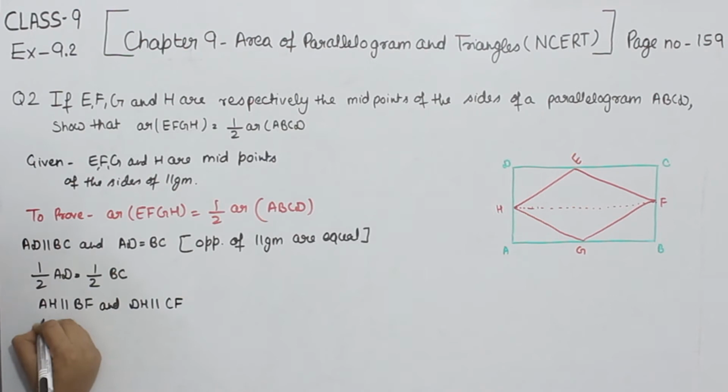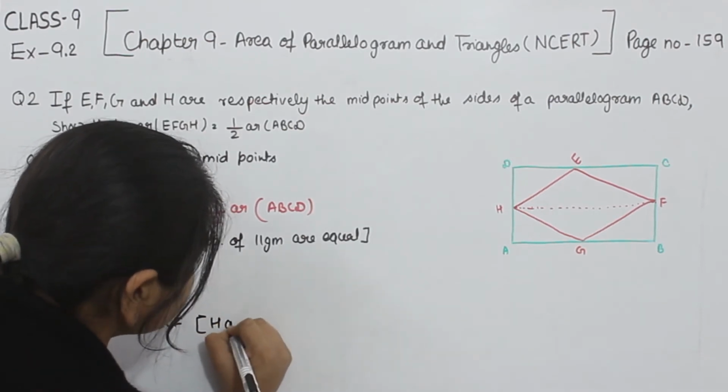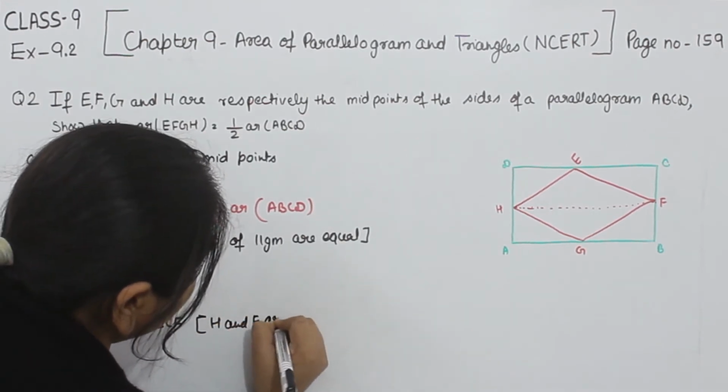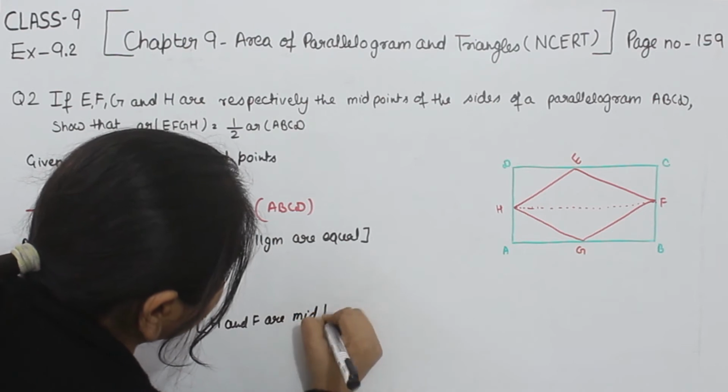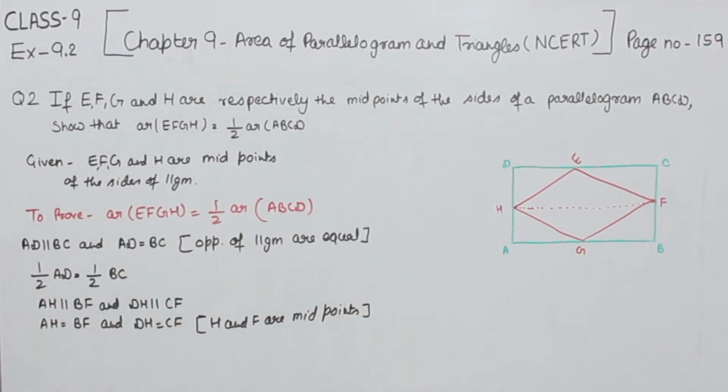Now they are parallel, so AH is equal to BF and DH is equal to CF because H and F are midpoints. So now we have AH equal to BF and DH equal to CF.